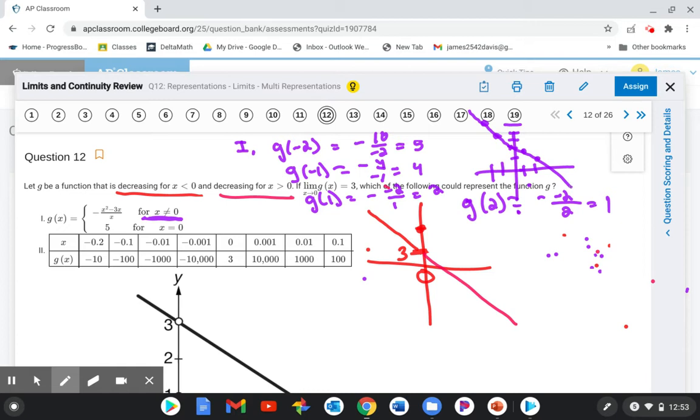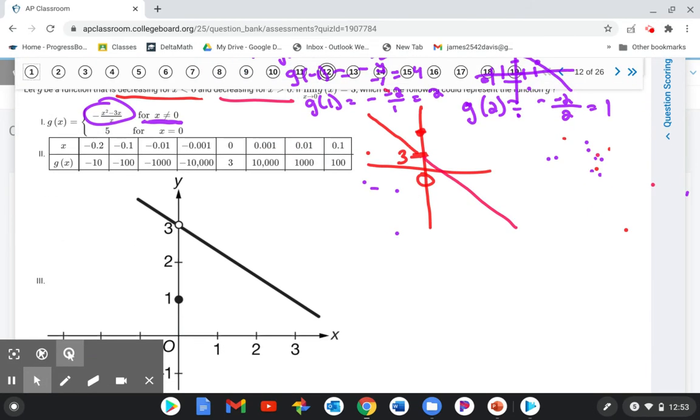All right, the limit as x goes to 0 equaling 3. Let's check that out. So the limit as x goes to 0. We're going to use this one, right? And what we would need to do is plug in values as we approach 0. This one's a lot of work. Sorry, guys.